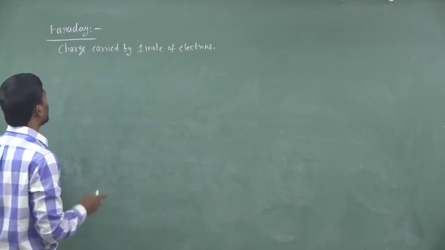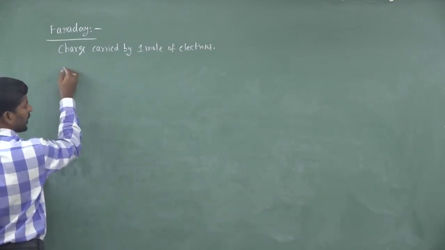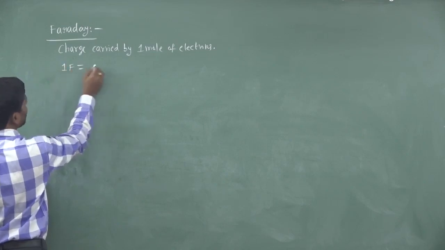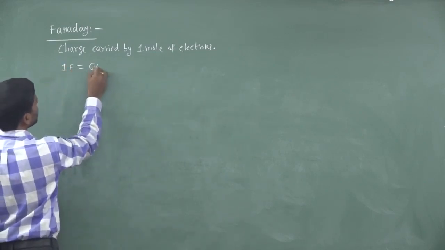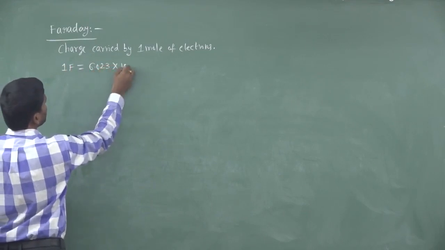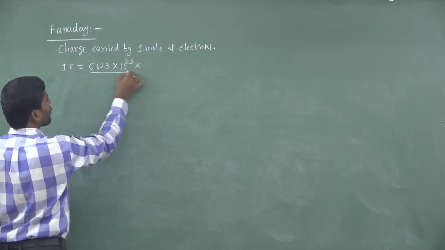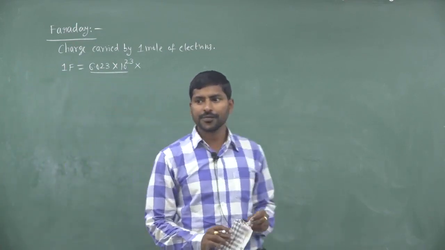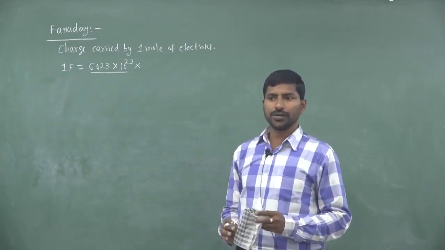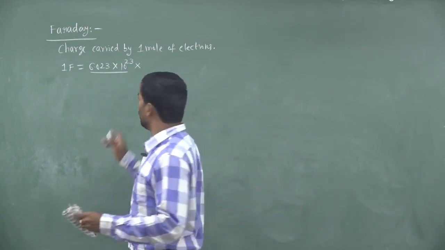So 1 mole of electrons means how many electrons do we have to take? 1 Faraday is equal to Avogadro number of electrons, that is 6.02 x 10^23 electrons. What is the charge carried by an electron? 1.602 x 10^-19 coulombs, right?